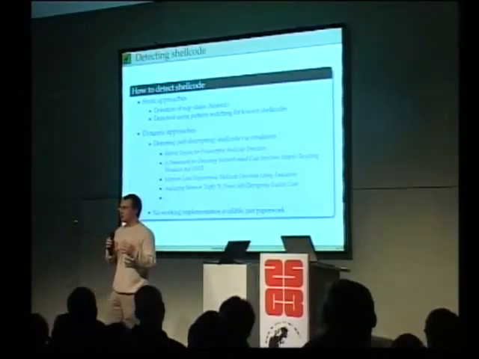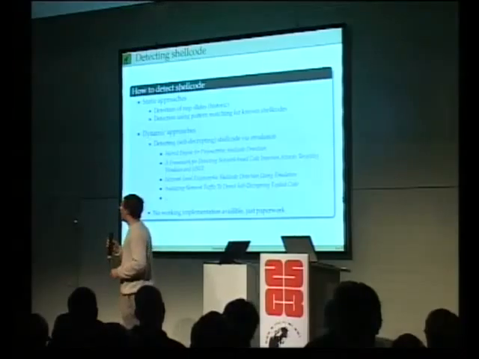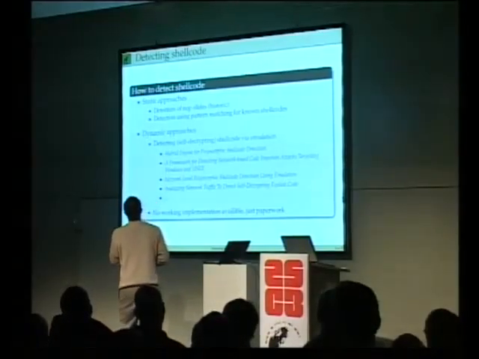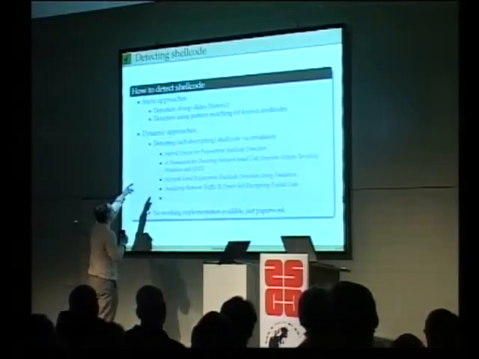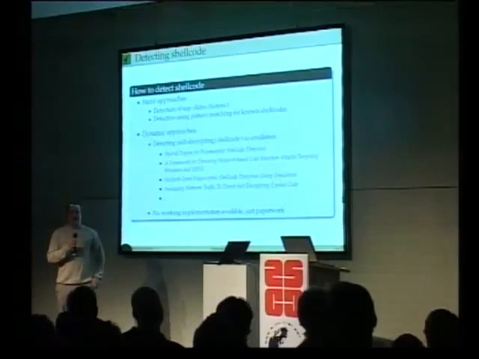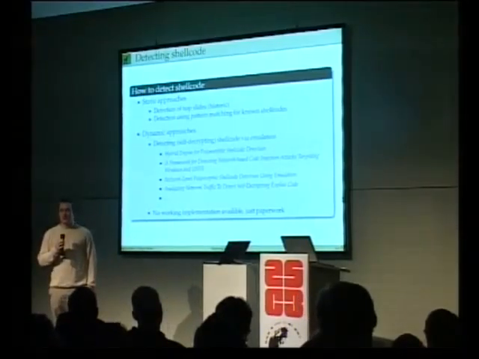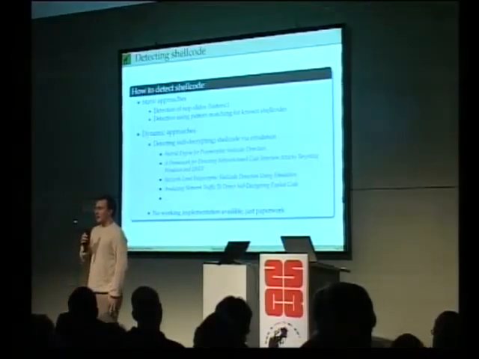And it's pretty easy to create new decoders which do not match any signatures. And there were some dynamic approaches, and these are titles of publications. It's about detecting self-decrypting shellcodes using a technique which is called GET-PC.